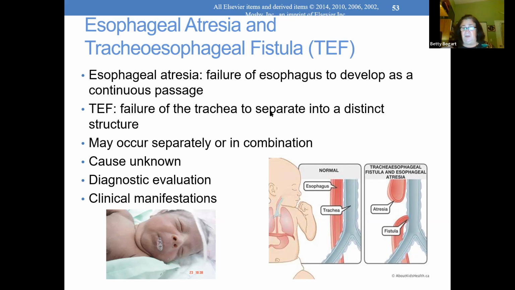So these children need to be placed NPO. They need IV fluids and hyperalimentation in order to feed them. If it's going to be a longer time to get it repaired, they'll need a gastrostomy tube for feedings.